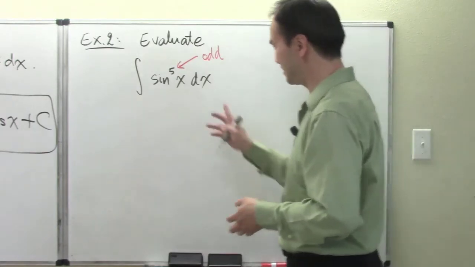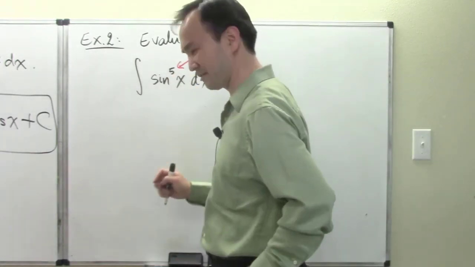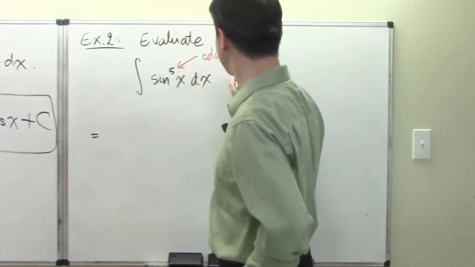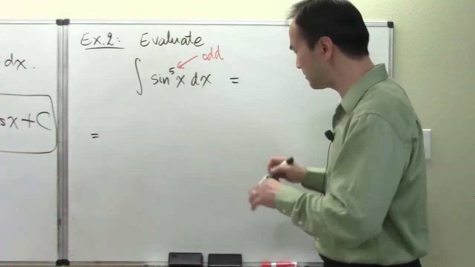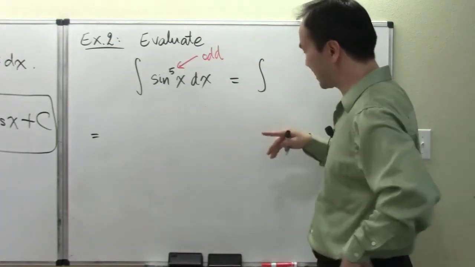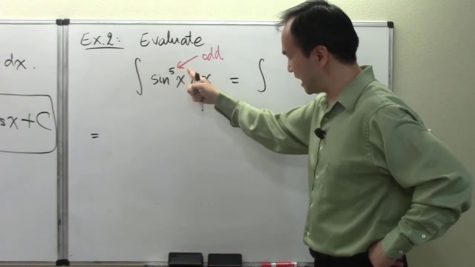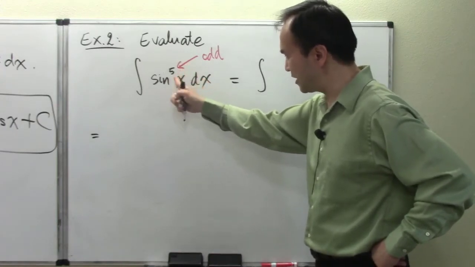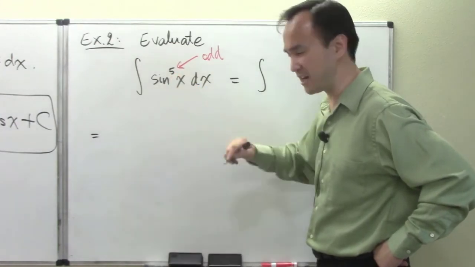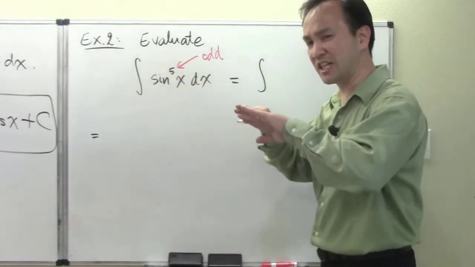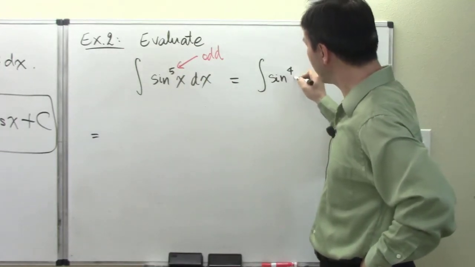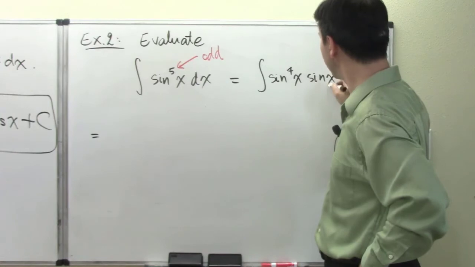Taking advantage of the odd power, the first step is rewriting it. To maximize my board space, I'm going to write the next step here. Being an odd power, I'm always going to save out one power of the sine, meaning I'm going to separate out one power of the sine. So now I'm looking at sine to the fourth of x times sine of x dx.